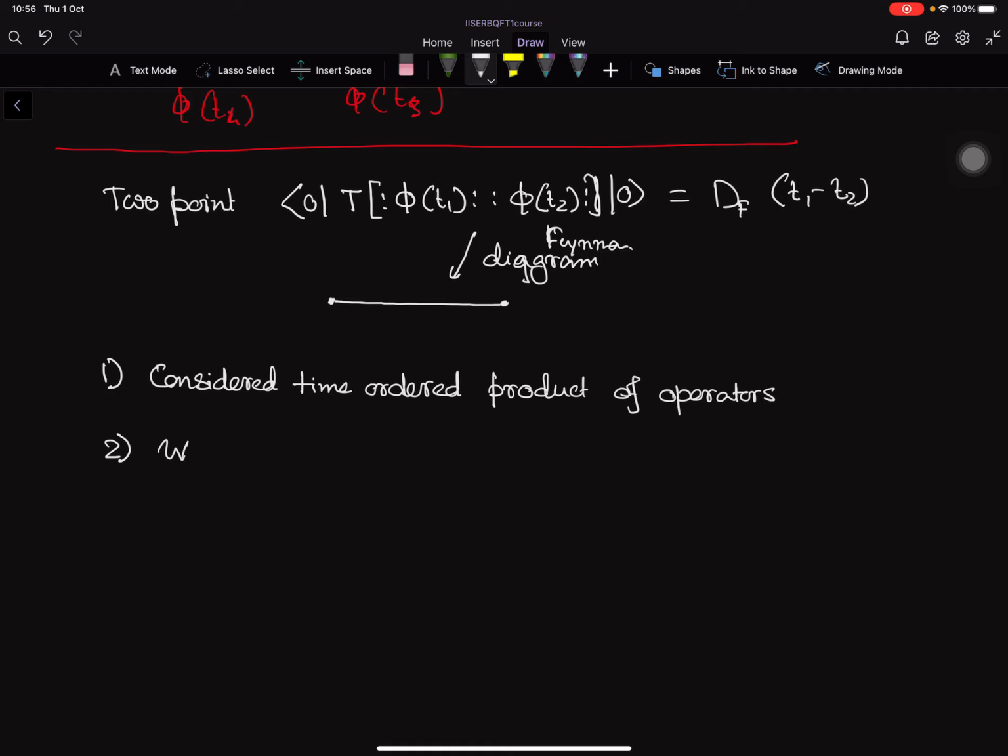Second, we used Wick's theorem to write it in terms of Feynman propagators.